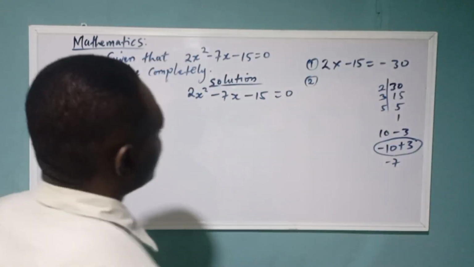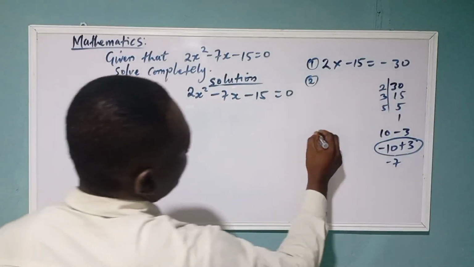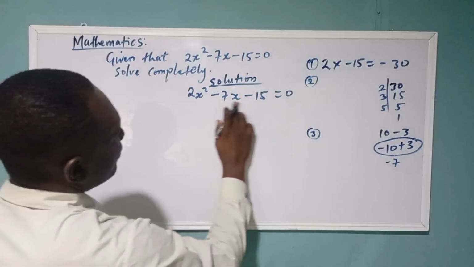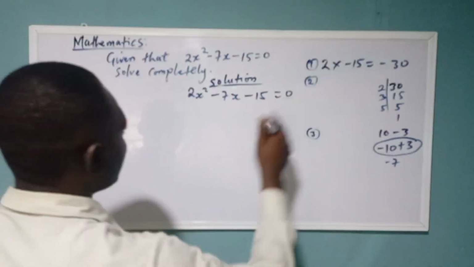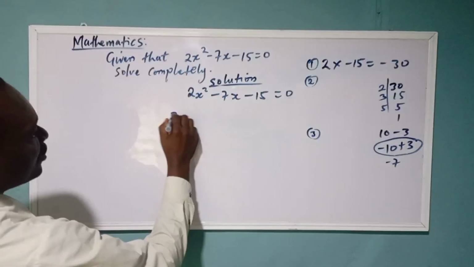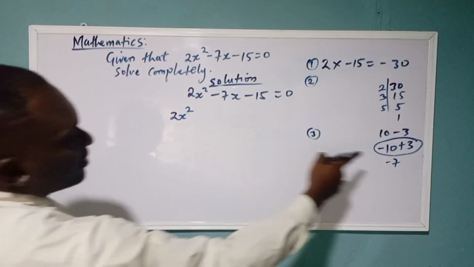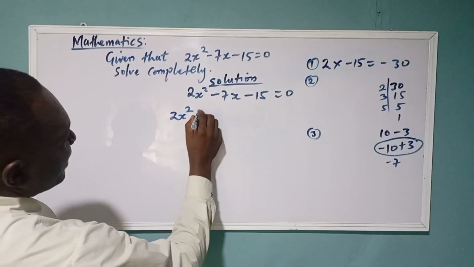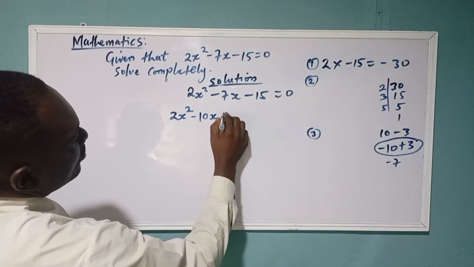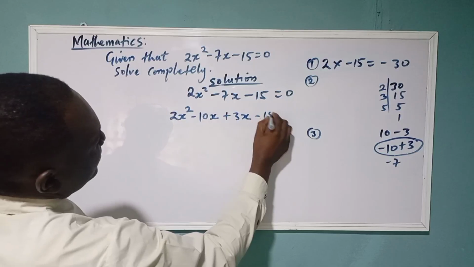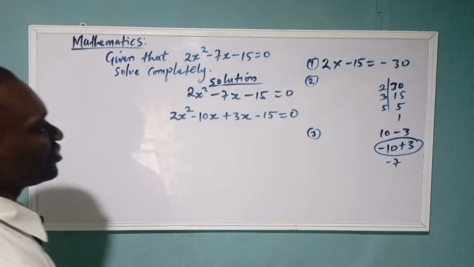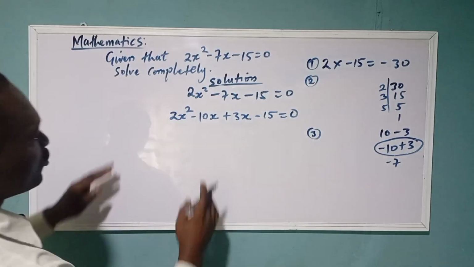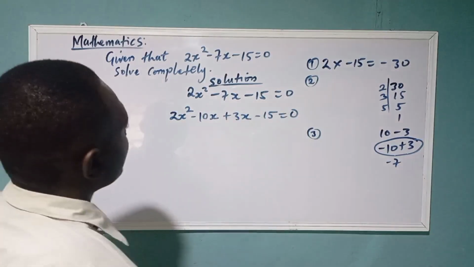So let's substitute the value of minus 7. So step 3, we are going to substitute the value of minus 7 with these 2 factors of minus 30. So we'll just expand this by writing minus 10x plus 3x minus 15 is equal to 0, right? Okay, so the next thing to do is to group these factors.